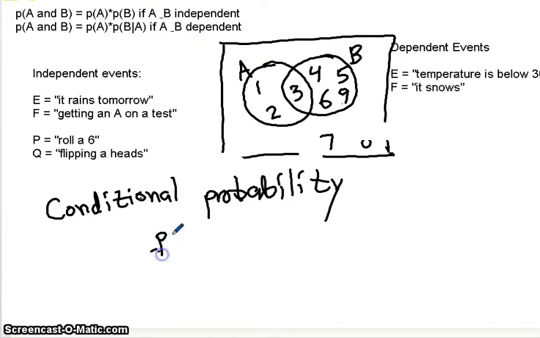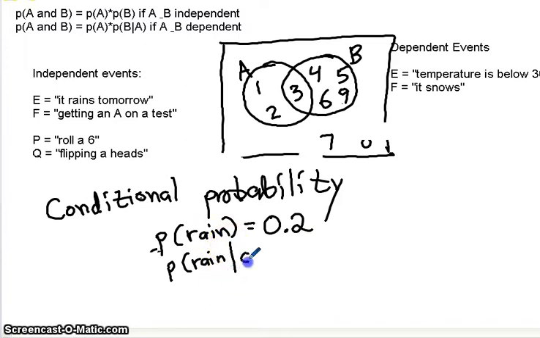For example, the probability of rain on any particular day might be, let's say, 0.2. Or I could say the probability of rain, let's introduce some given information. If we know that it's cloudy outside, well, that's going to increase the probability of rain.